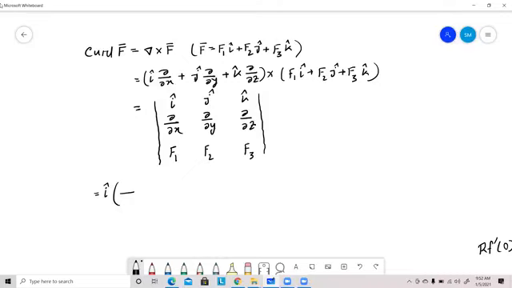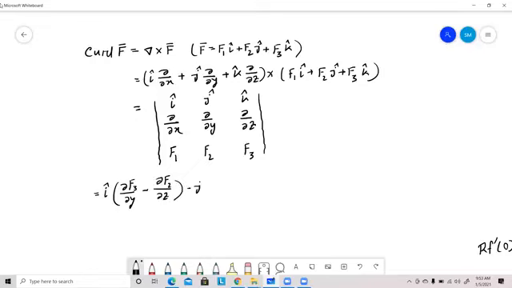If I take i, that means this row and this column cancel, so we get del f3 by del y minus del f2 by del z.